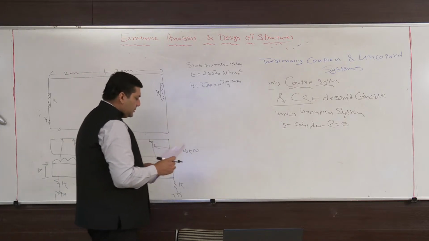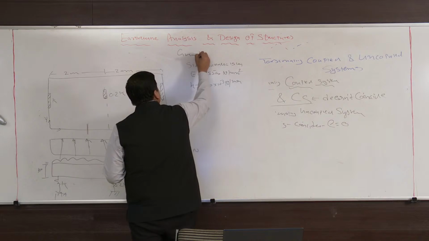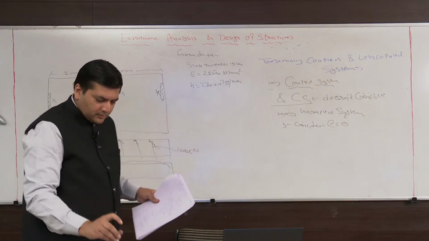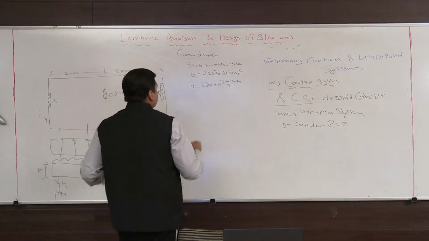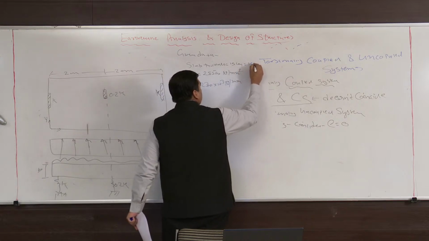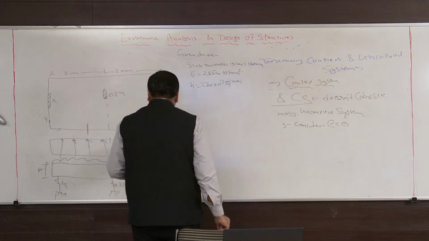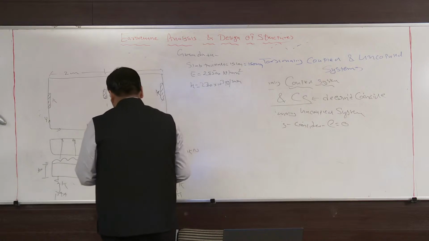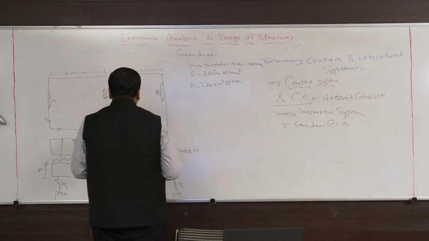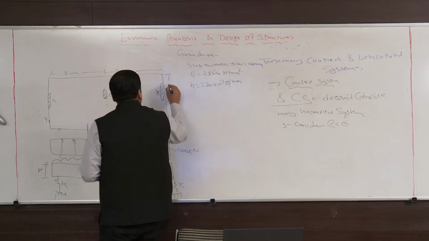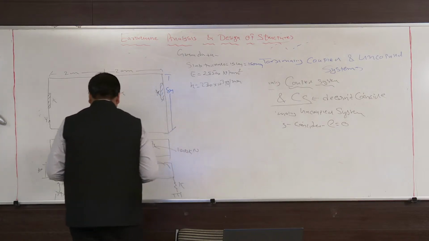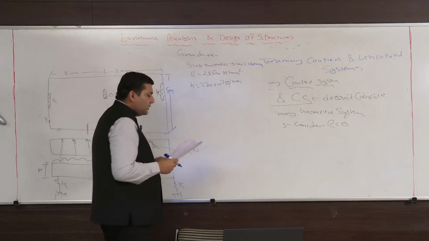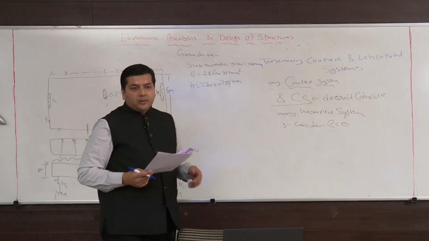Right, so solution, given data: slab thickness is equal to 15 centimeter, which is 150 mm. This is 8 meter. E is given, stiffness is given. Then what we have to find out?